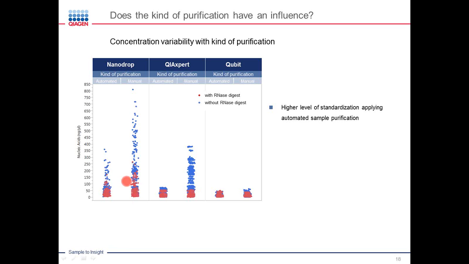If you just look at the red data points, and forget about the blue ones for now, you can see that overall there are fewer outliers when you process samples in an automated way. This is very obvious when we measure with a nanodrop: fewer outliers, but still some, versus the manual procedure where we do see a bit more outliers.